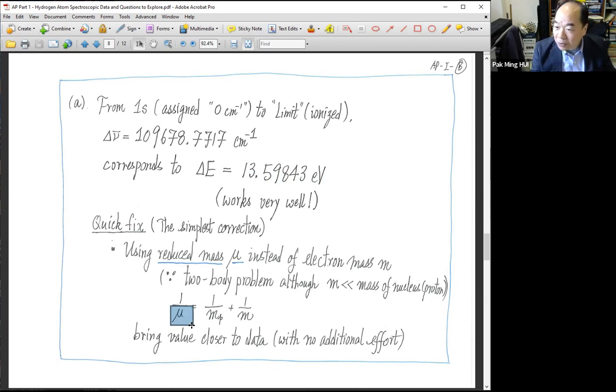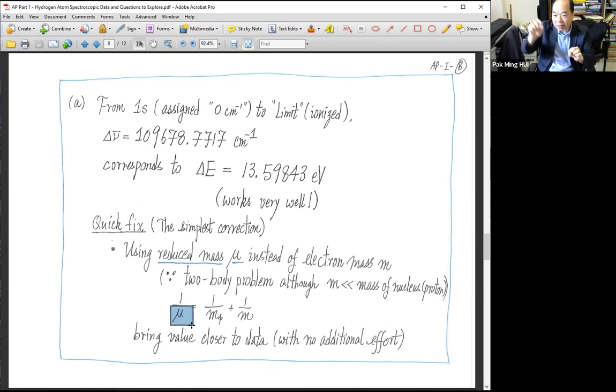I looked at your class notes by Professor Liu. He used the reduced mass for this hydrogen atom problem. That is the correct approach, because if you don't, basically, even in classical mechanics, there is some problem. You have a proton, you have an electron.